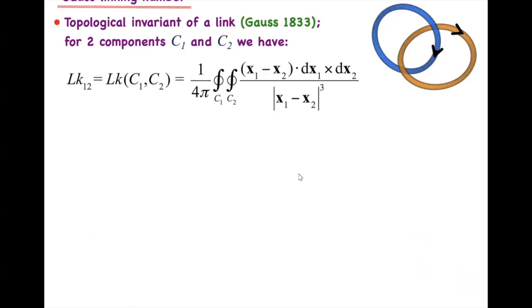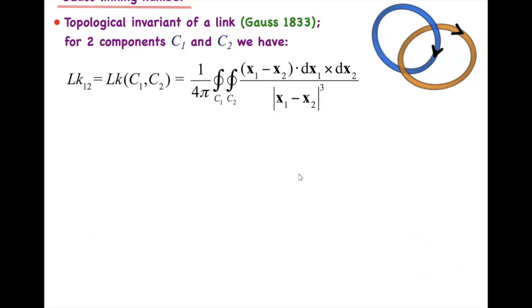This is the formula. My way to look at this formula is very different from when I met it the first time. Think of dx, dx1, dx2 as a surface, a triple integral, as a surface with one normal direction. So it's an elementary surface.